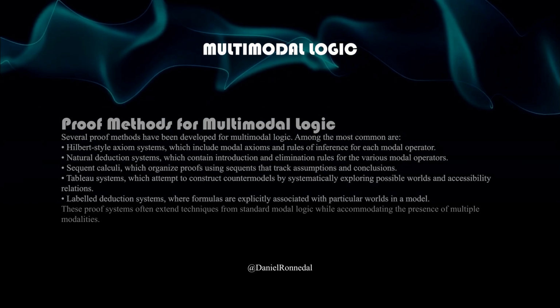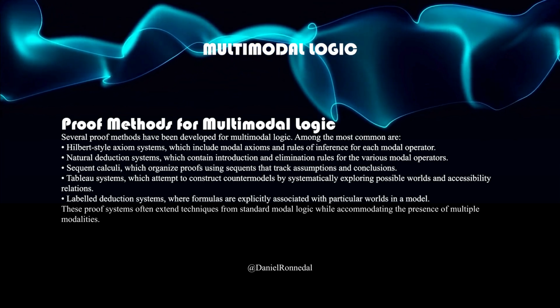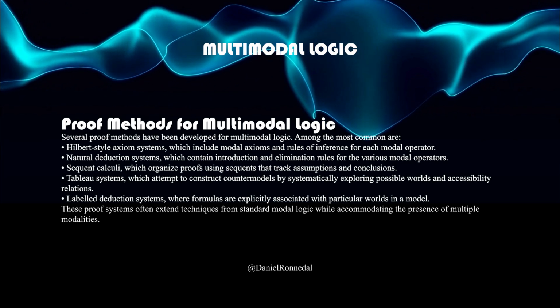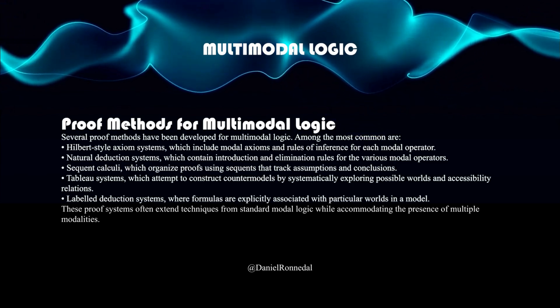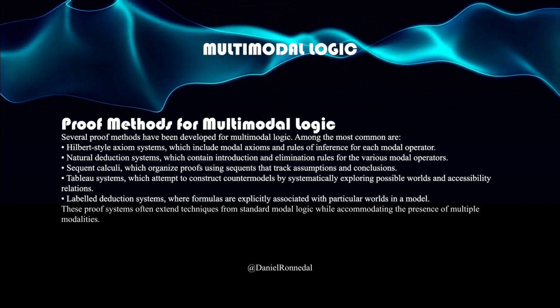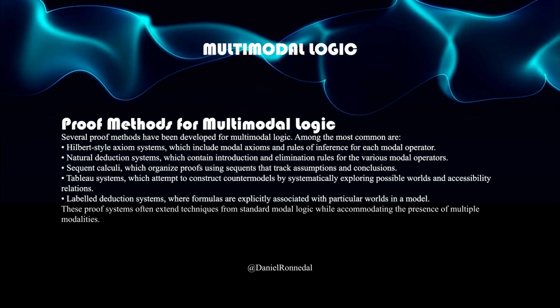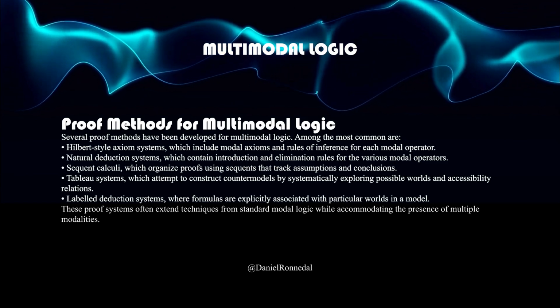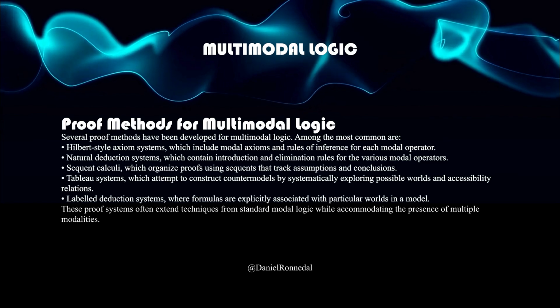Several proof methods have been developed for multimodal logic. Among the most common are Hilbert-style axiom systems, which include modal axioms and rules of inference for each modal operator. Natural deduction systems, which contain introduction and elimination rules for the various modal operators. Sequent calculi, which organize proofs using sequents that track assumptions and conclusions.